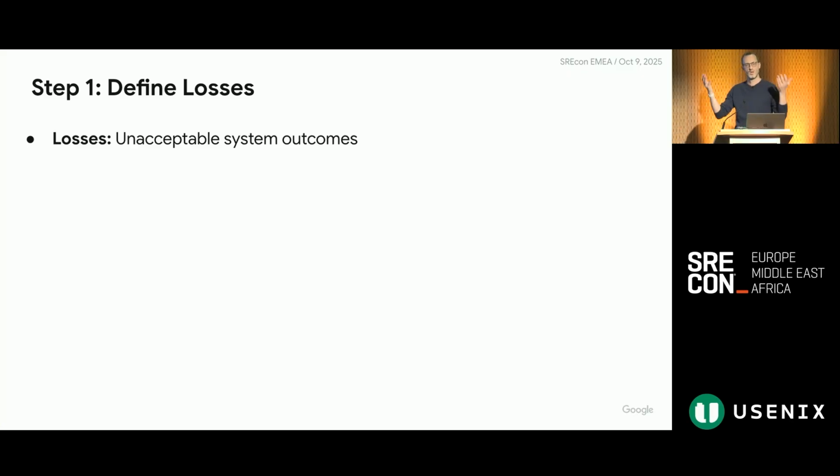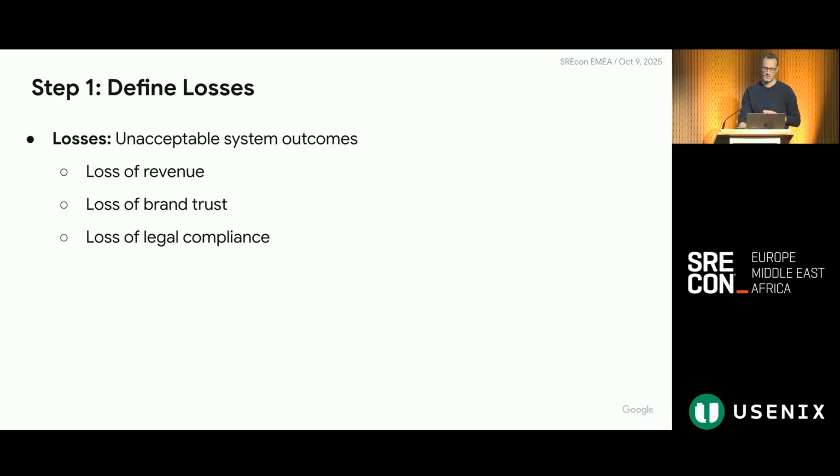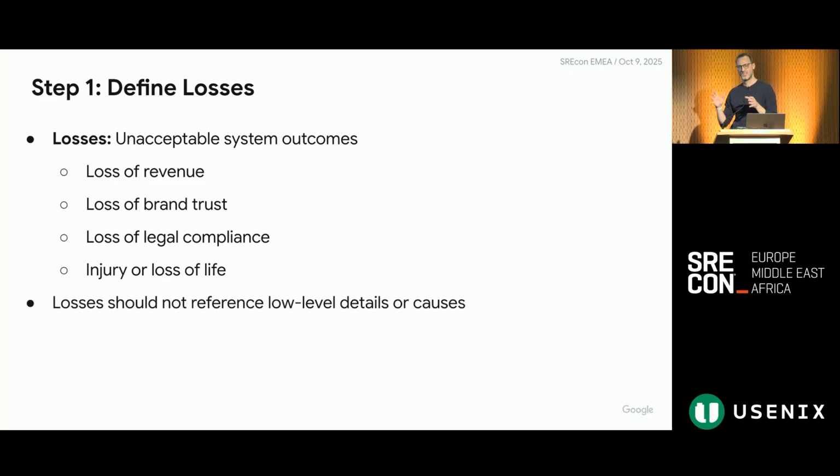But in general, common losses that you can find in an STPA may include loss of revenue, loss of brand trust, loss of legal compliance, and sometimes, depending on the application, depending on the system, injury or loss of life. And here is a key rule of thumb to defining losses. Your losses should not reference low-level system details or specific causes that lead to them, like networking errors and others.